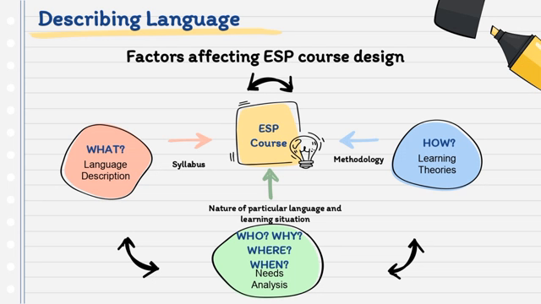So the three factors affecting ESP make an infinity line. If you miss one of them, the learners can get a little bit confused. For example, if you don't know about the materials, how can the learners get the materials? If you don't know the point, how do the learners get the point?